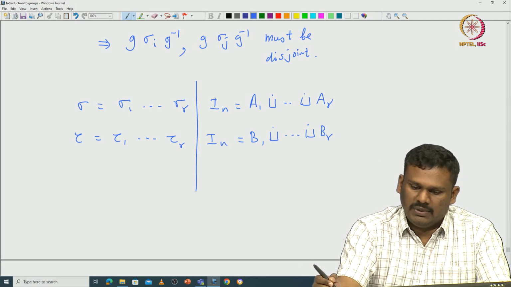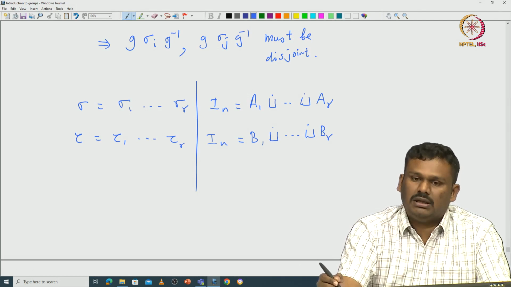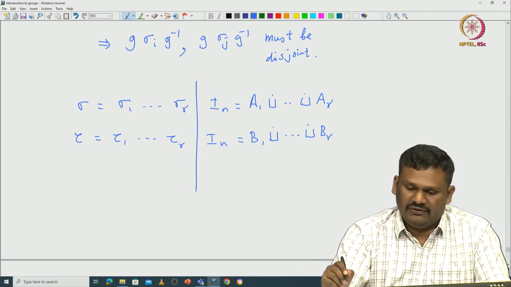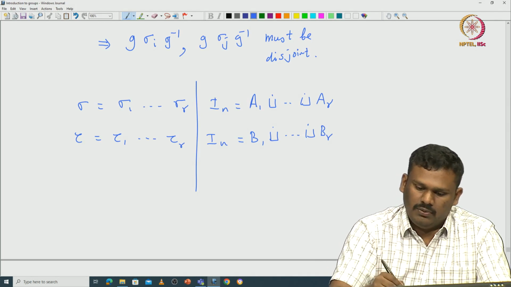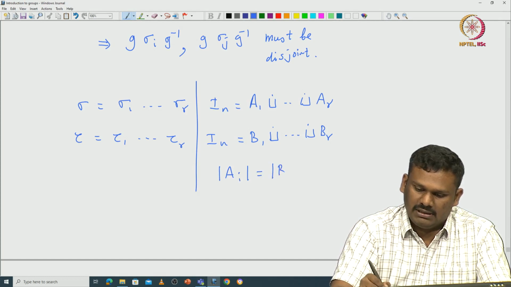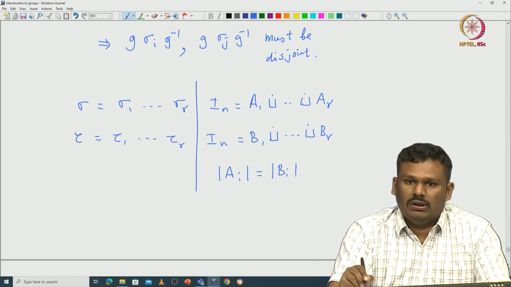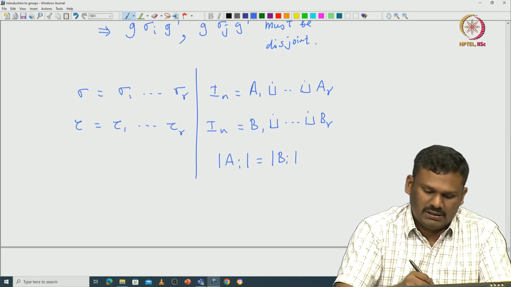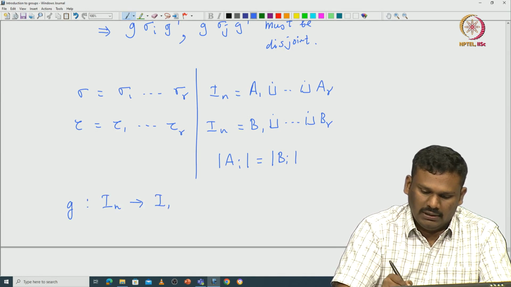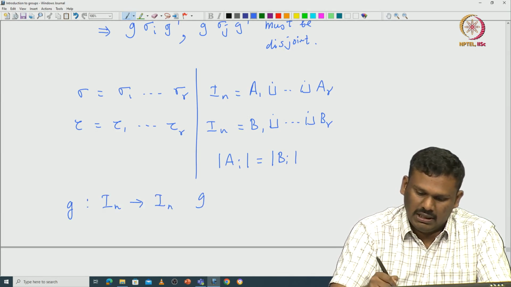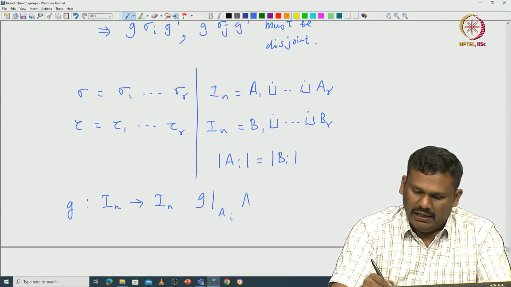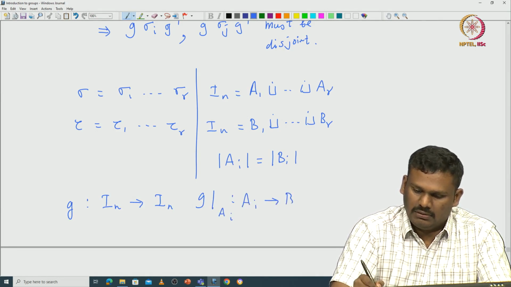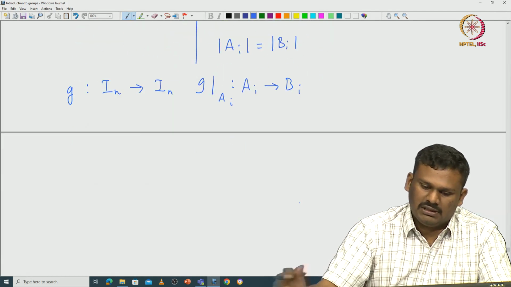Because this is a partition of 1 to n in two different ways, but with the condition that the size of Ai is the same as the size of Bi, we can produce this g, which is a permutation of 1 to n, such that g maps Ai to Bi. How does it map?